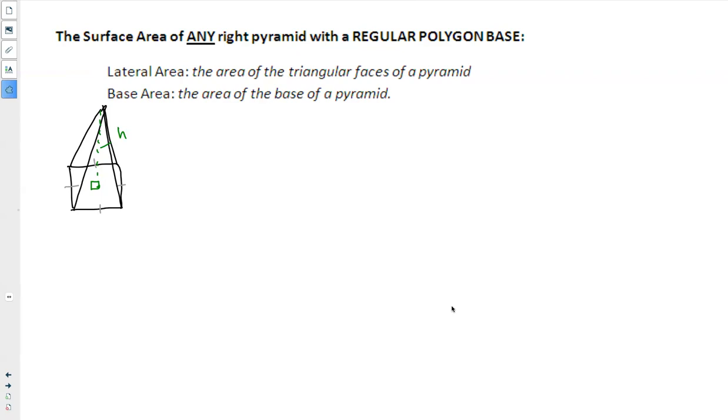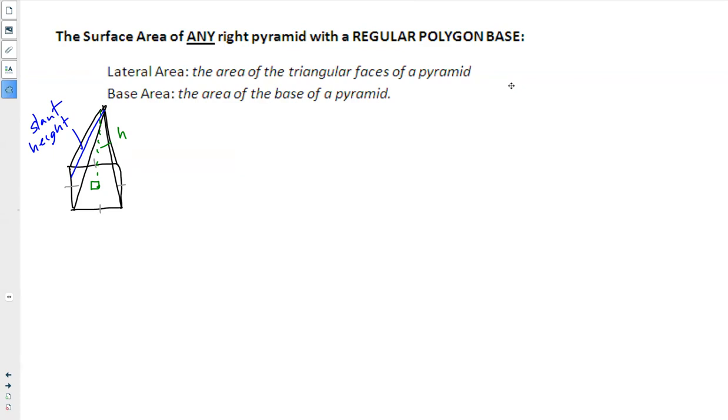Okay, and we also have a slant height, which is the height of the triangles. So the triangular areas, we're going to call these the lateral area, and then the base area is the very bottom.